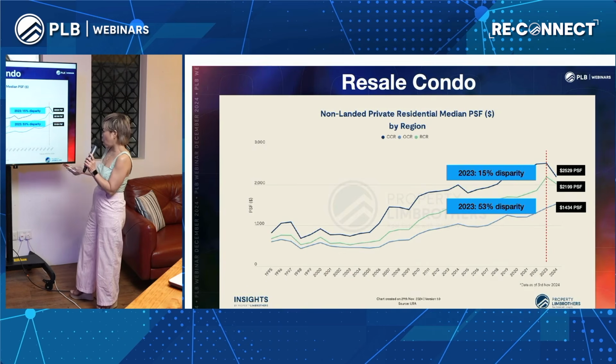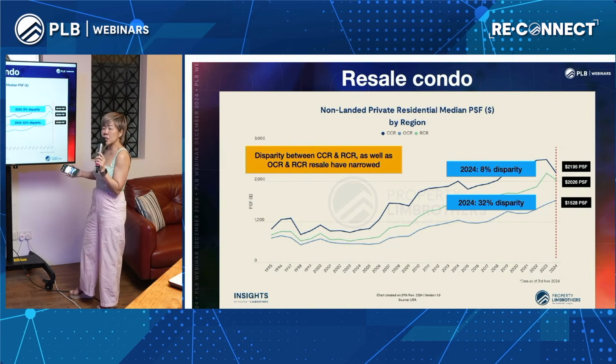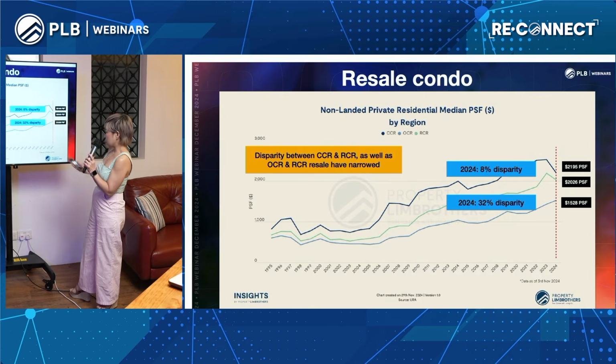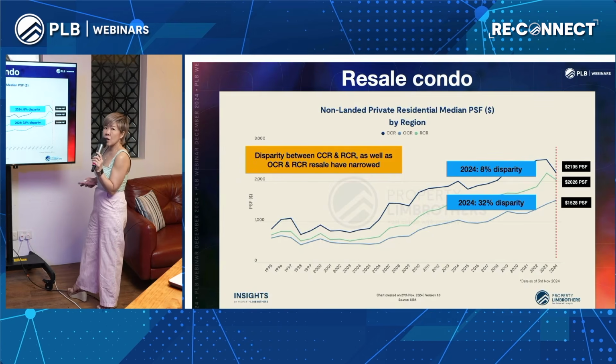So that might be an opportunity. In 2024, the disparity between the OCR and RCR actually narrowed. In the OCR region there's a PSF increase. However, the CCR and the RCR prices quite maintained, and actually slowed down a little.